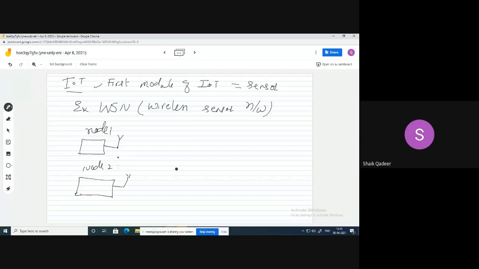They are distributed at different places. For example, this node is a fire detector, detecting fire triggered in the forest.